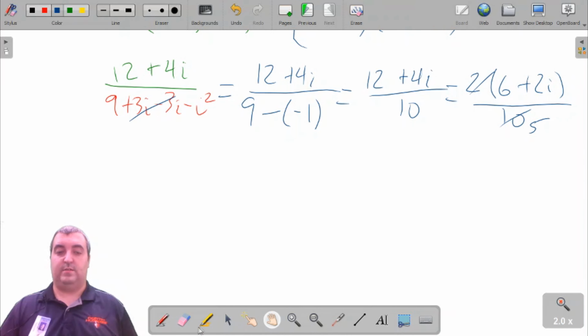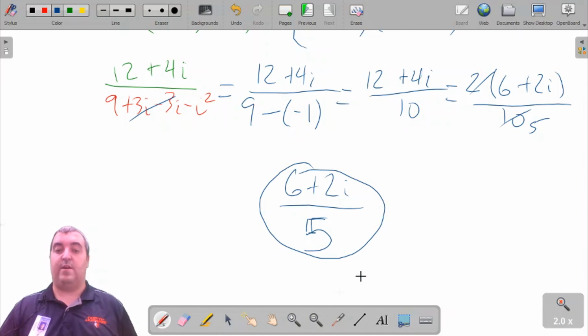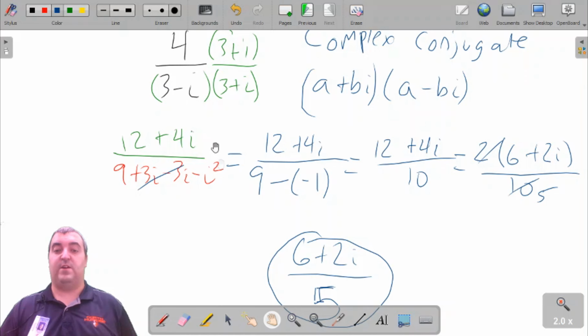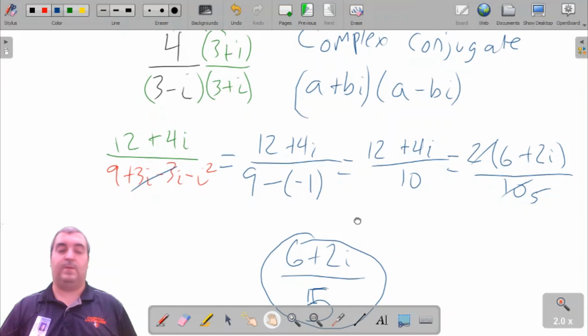Then I get my answer of 6 plus 2i all over 5. And that right there is what this division, 4 divided by 3 minus i, actually ends up being: 6 plus 2i all over 5.